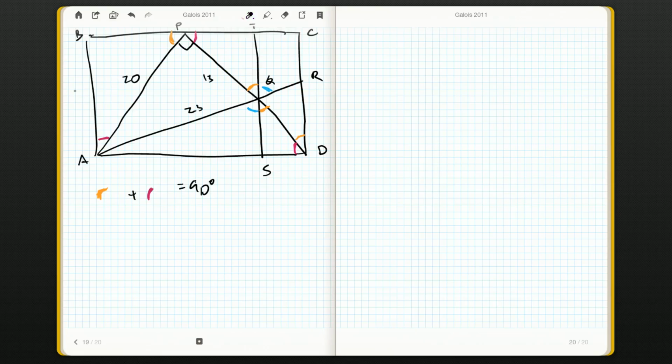We have a bunch of triangles that are similar to 3-4-5.